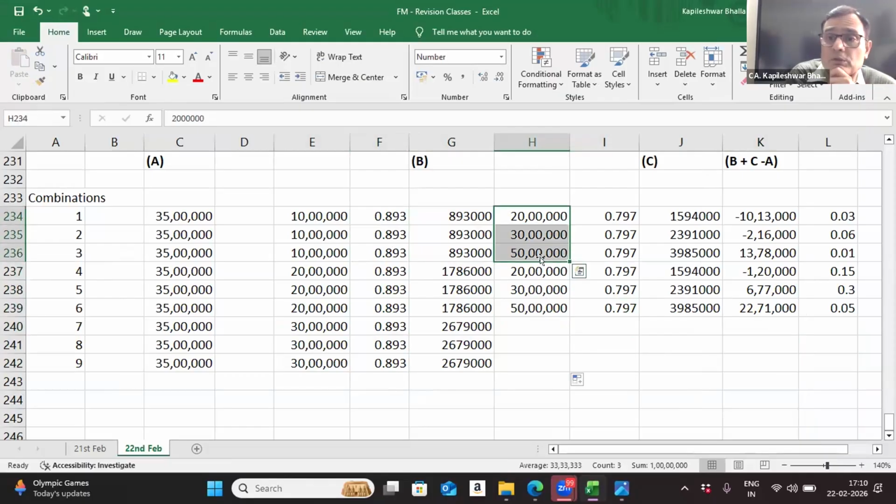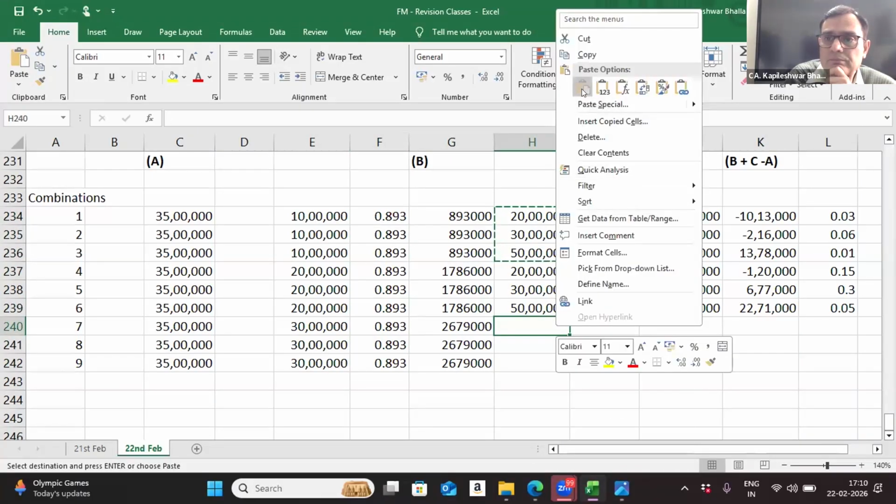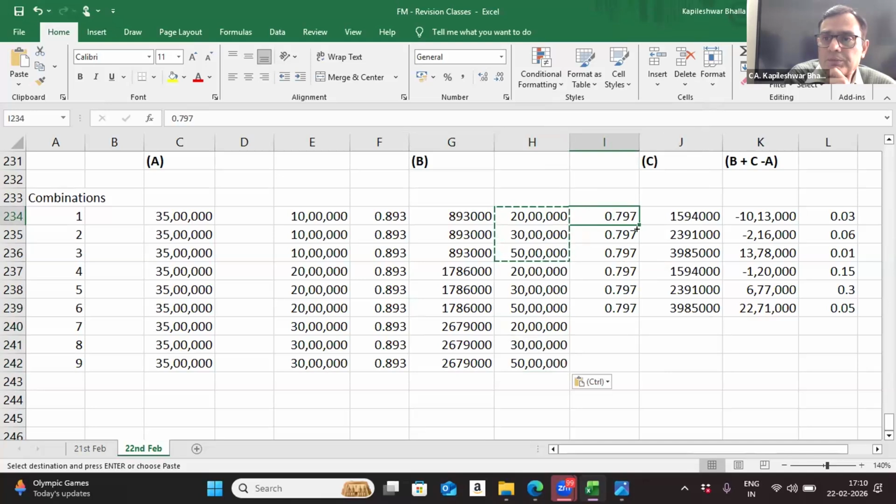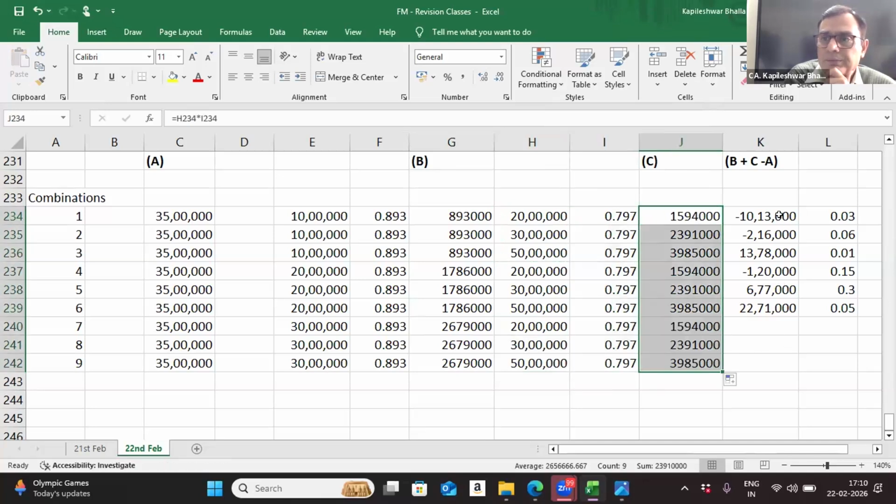This remains the same combination, 20, 30, and 50. And this would remain the same. We get the present value. And I think we can get the NPV as well.